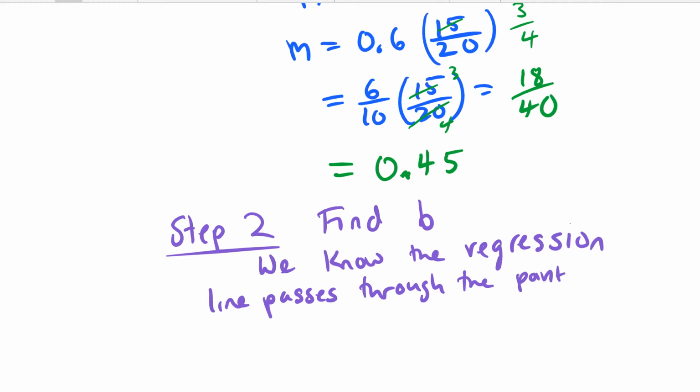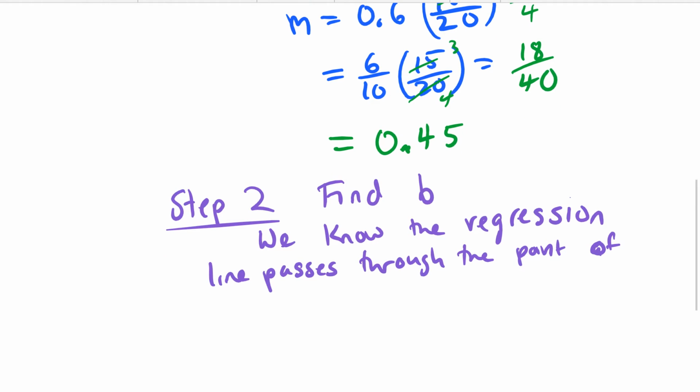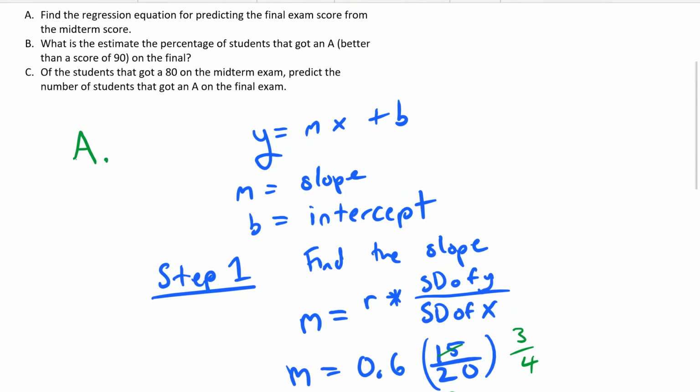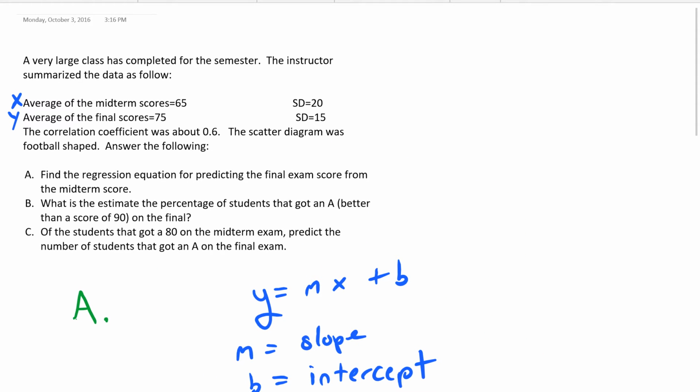This is an important point for calculating the intercept b. So what is the point of averages in this case? We go back up. The x-coordinate would be the average in x, so that's 65, and the y-coordinate would be the average in y, which is 75.